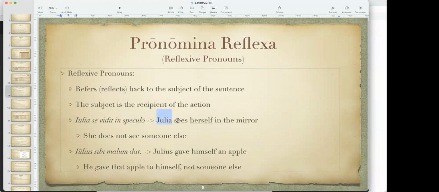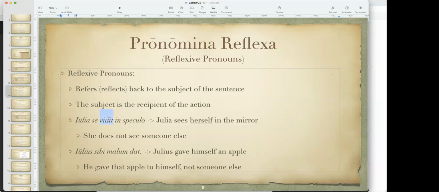I think that's supposed to be videt. Yeah, what did I say? It's just videt. Oh, no, vidit. Video. It is spelled as videt in the book.